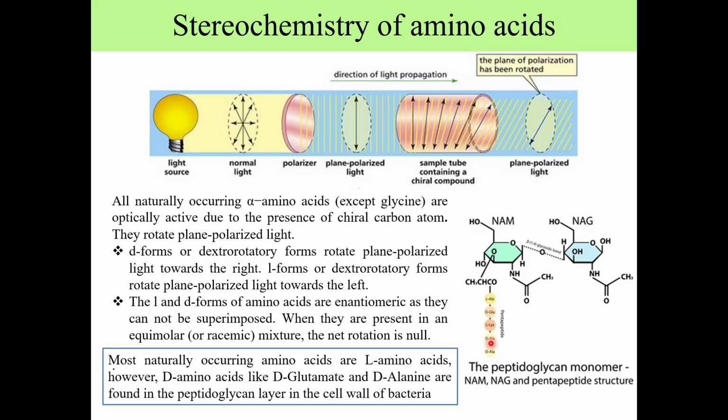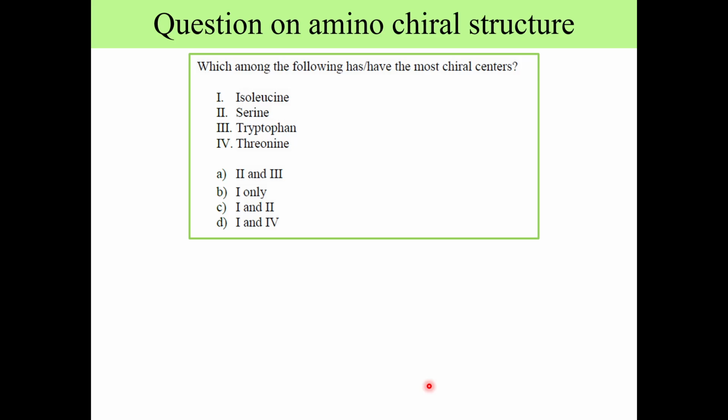They are present as the pentapeptide. This is where your penicillin goes and binds and attacks, preventing the formation of the bacterial cell wall. This is how it kills the bacteria. So D-amino acids like D-glutamate and D-alanine are found in nature, and they are seen in these bacterial cell walls.